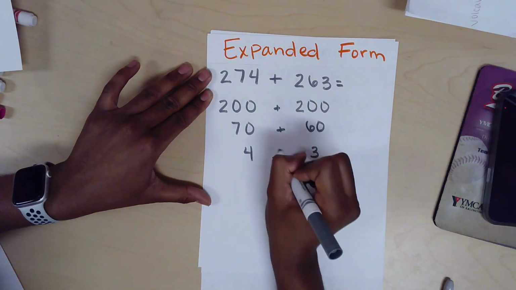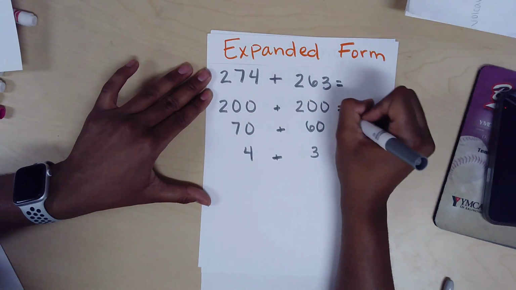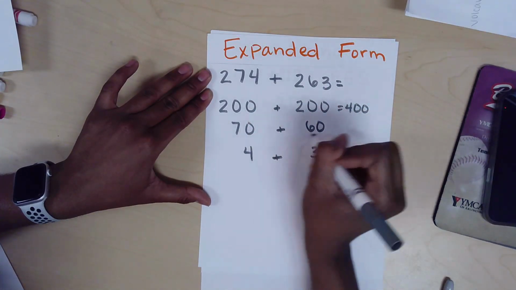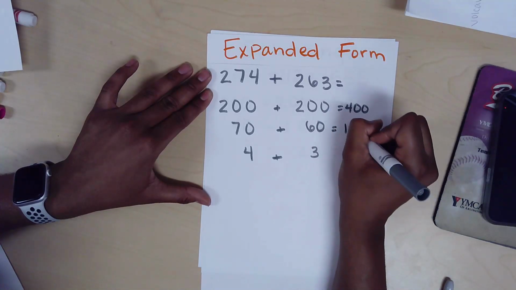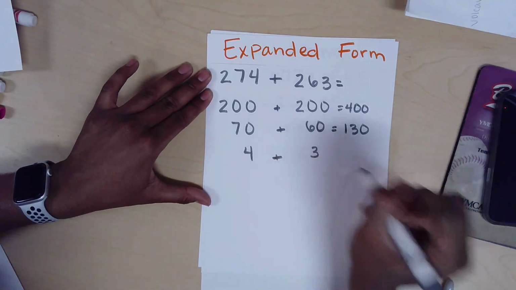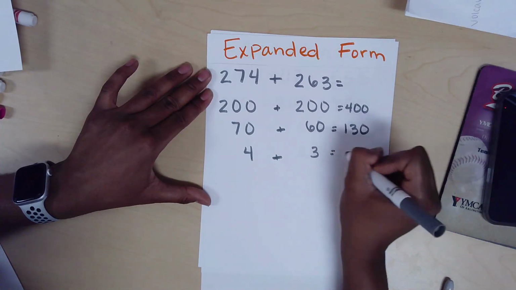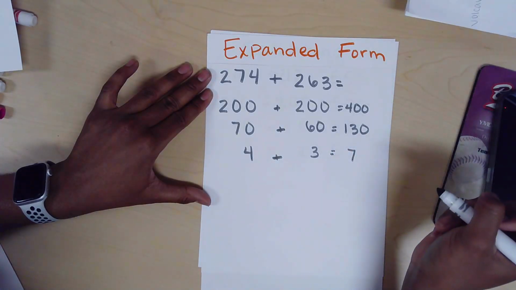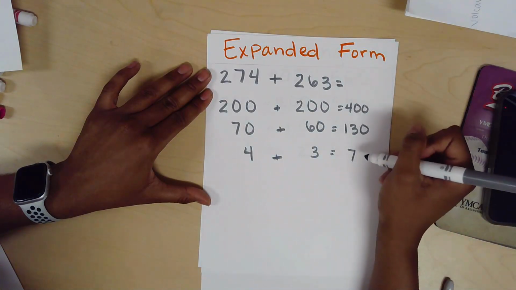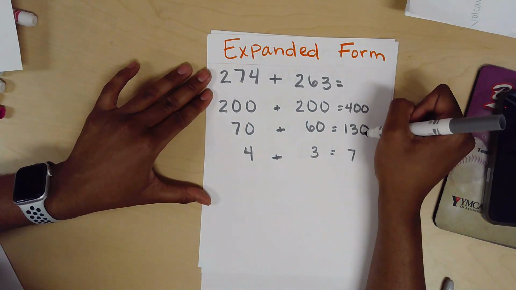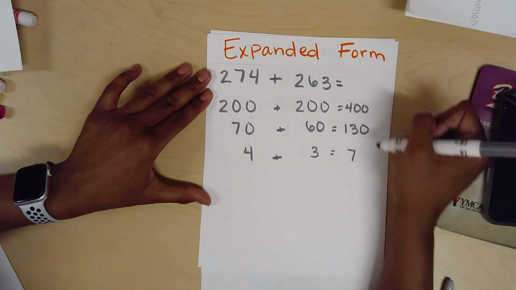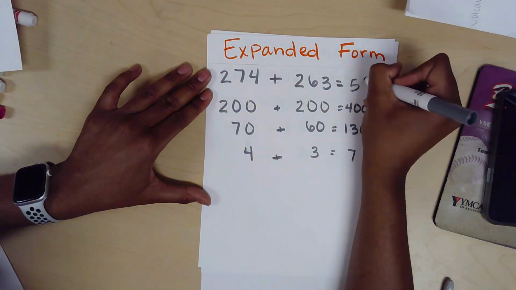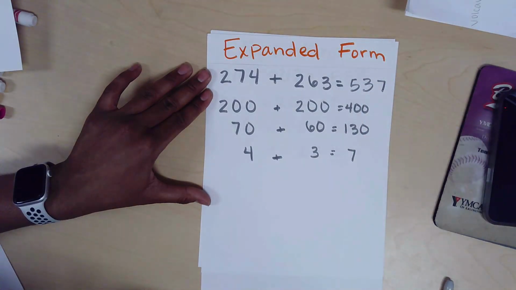Adding them all together, 200 plus 200 equals 400. 70 plus 60 equals 130. 4 plus 3 equals 7. Now, putting that together, 400 plus 130 is 530, plus 7 is 537.